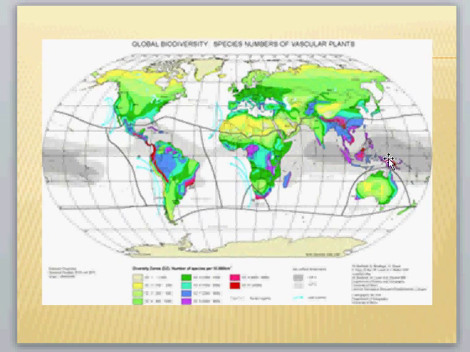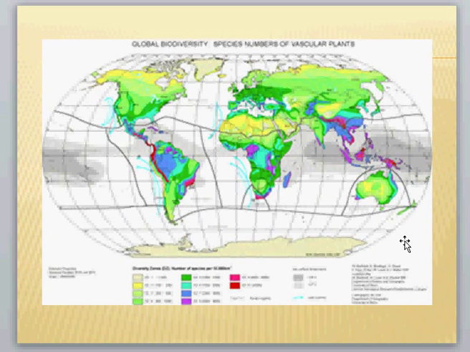So these are usually areas of tropical rainforest. Tropical rainforests tend to be foci of high species richness, and there are only a few extra-tropical areas outside the tropics which have high species richness.